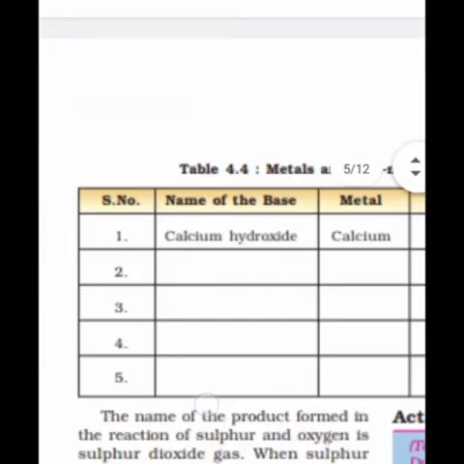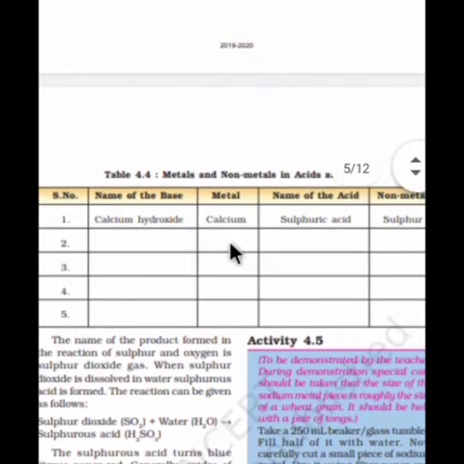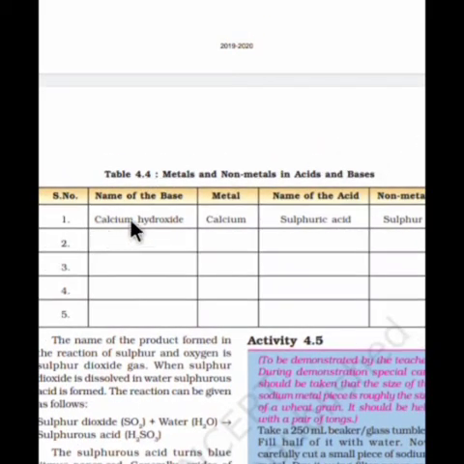Here is the table in which you have to fill in the data: metals and non-metals in acids and bases. Suppose here is calcium, the name of the base is calcium hydroxide, and this one is sulfuric acid, and the metal or non-metal present in this component is sulfur. In hydrochloric acid, chlorine is present and hydrogen is also present.